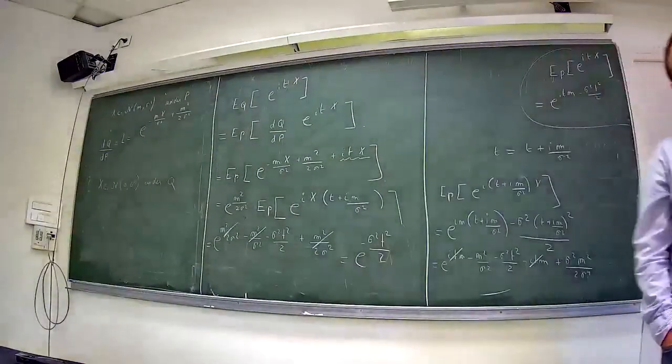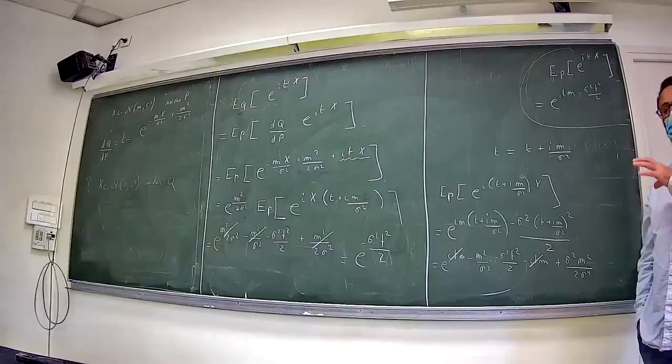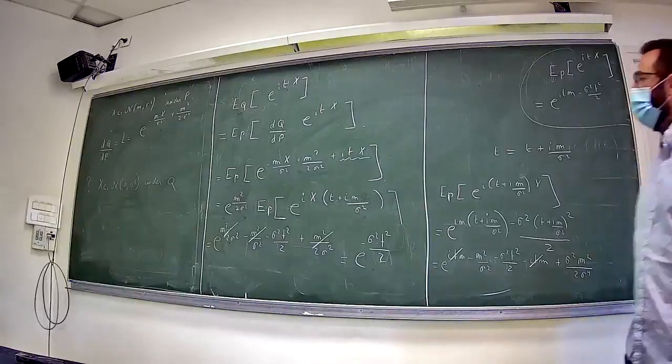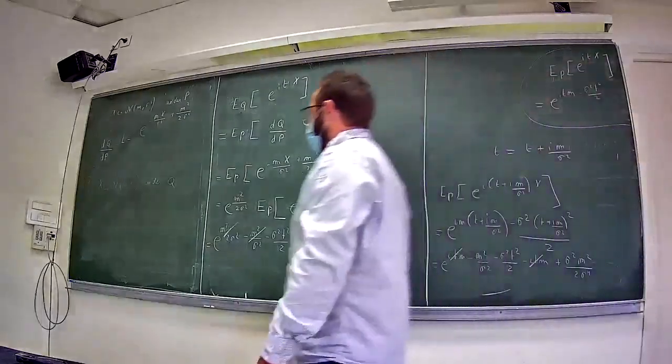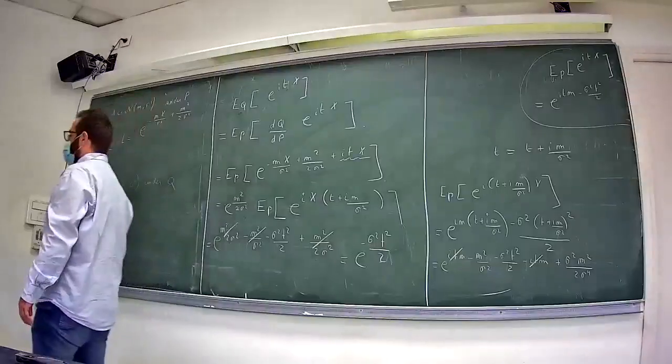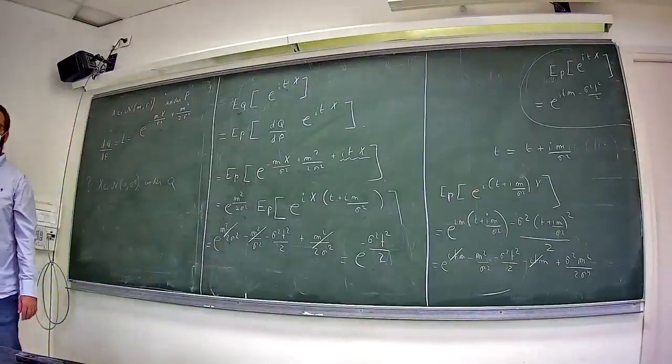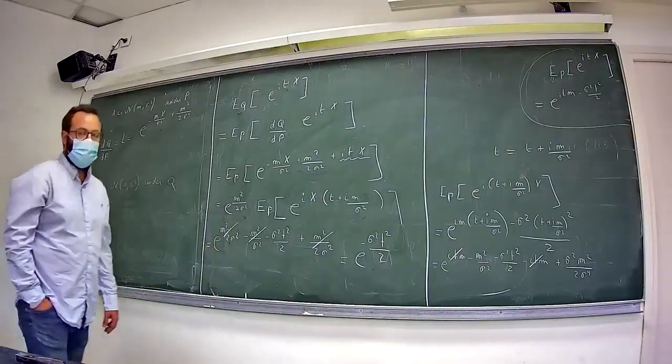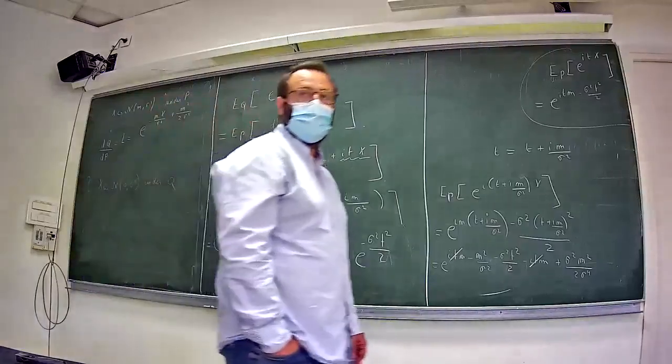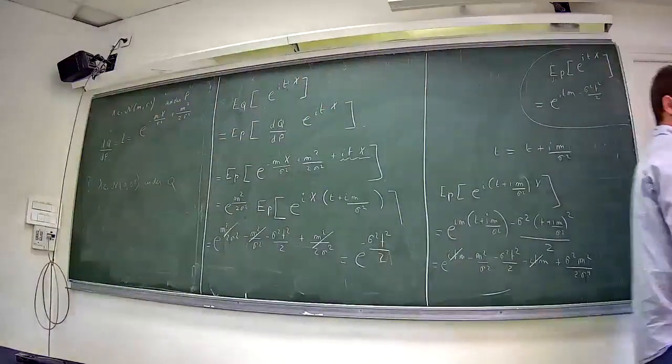Using this result, which will be the keystone of the argument of Girsanov, we will be able, by changing the probability, to obtain a shifted Brownian motion that becomes a Brownian motion. But we will see this later in November.